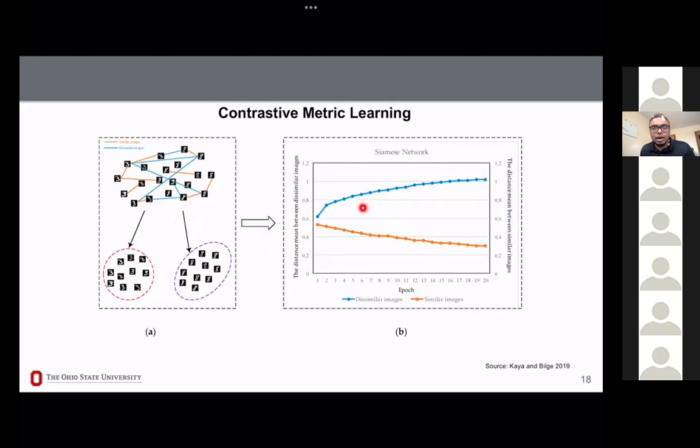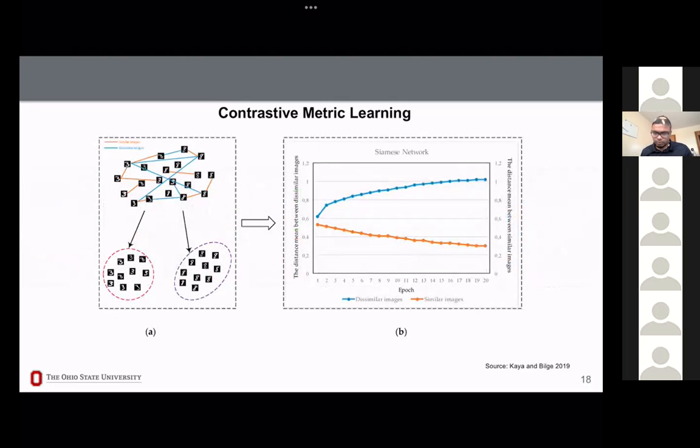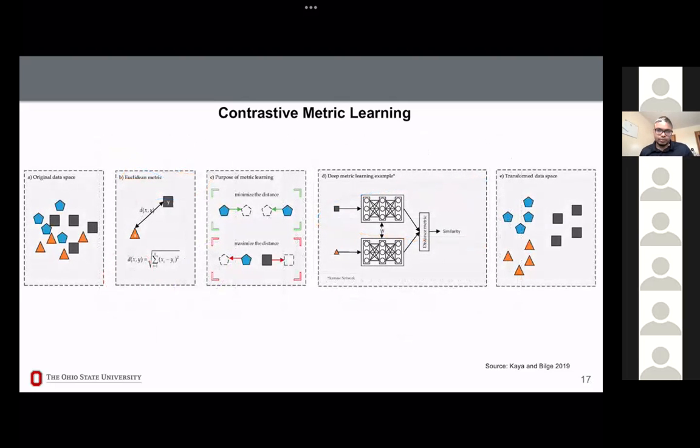Sorry, Devin, can you just unmute yourself and ask? Yeah, sure. I was just asking on the previous slide, just really simply, the goal is that we want to learn the optimal nonlinear transformation, right? Correct. Such that clustering is okay. Yes. But is there also a notion of dimensionality reduction? Is the transformation mapping to a lower dimensional space where I can get the distance metric? Yes, there is a notion of dimension.